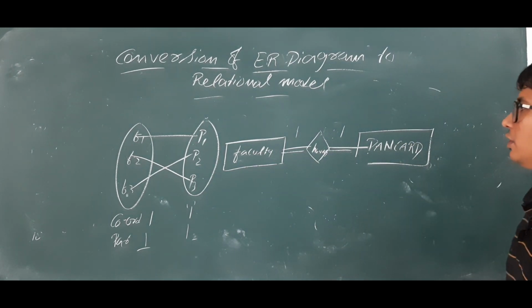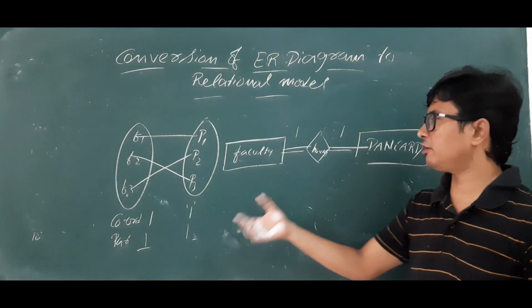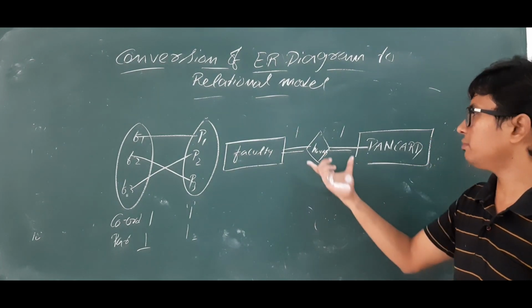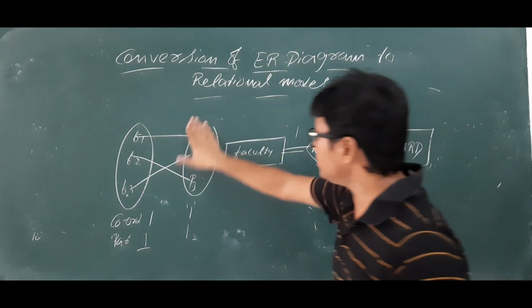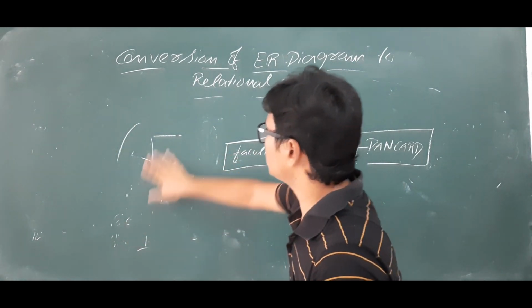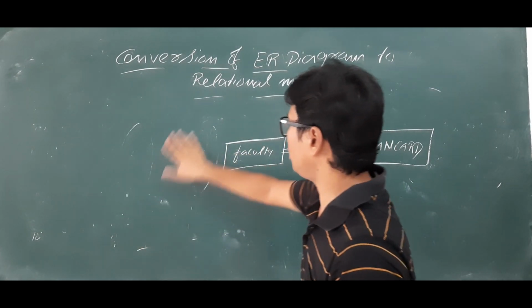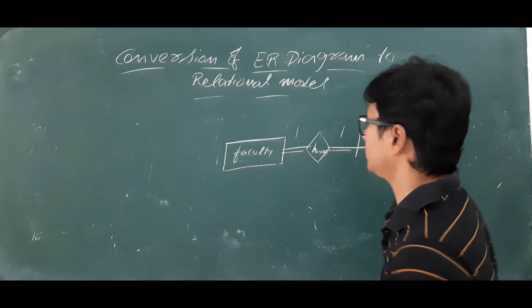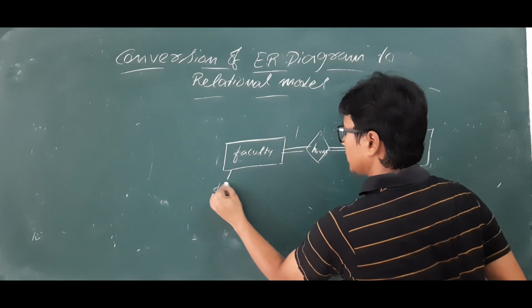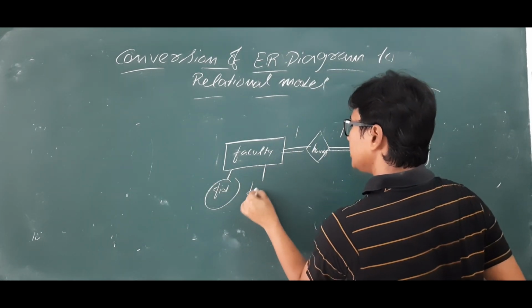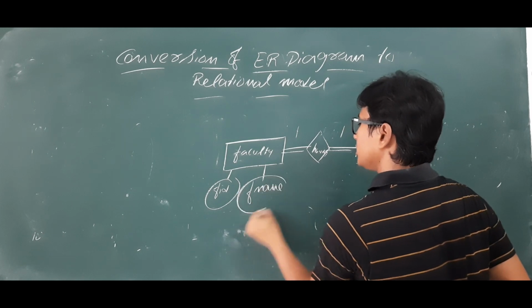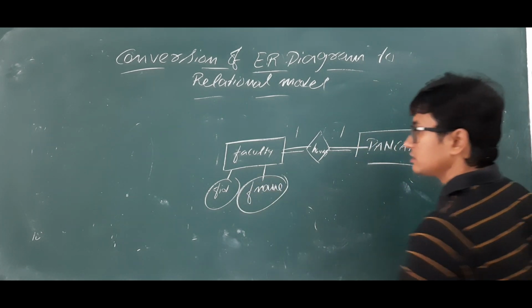So if I convert the requirements I have given into an ER diagram, it will look like this. Now in this case, how should I have the tables? Let's take that faculty has a faculty ID and faculty name. I am not taking the case of first name, middle name, last name; already we have discussed that.